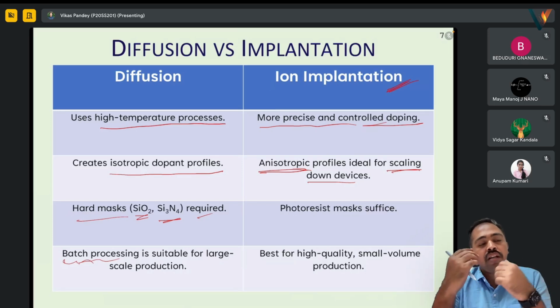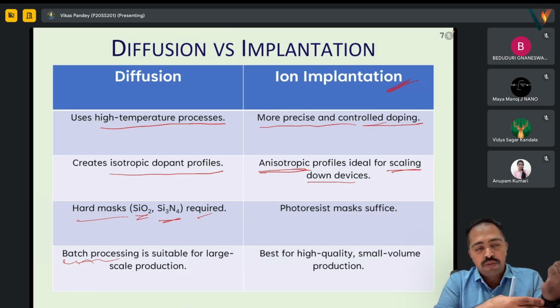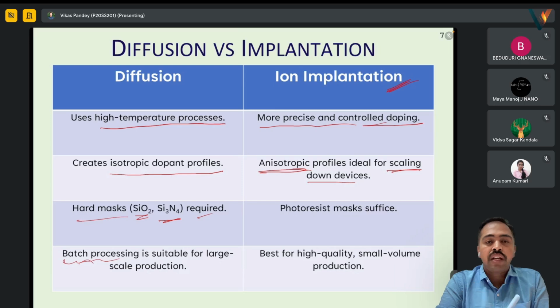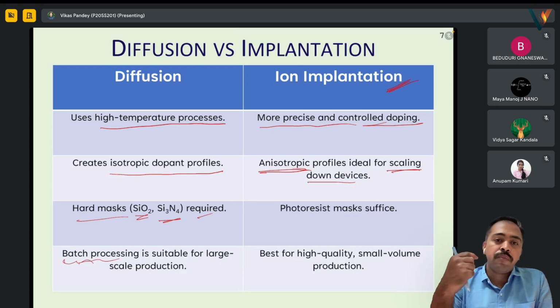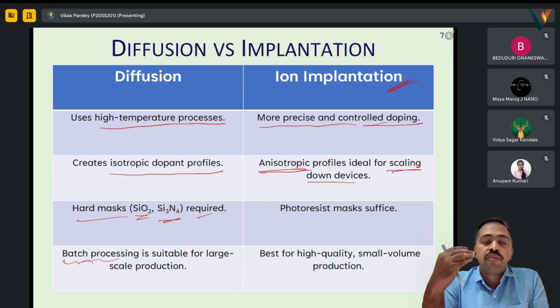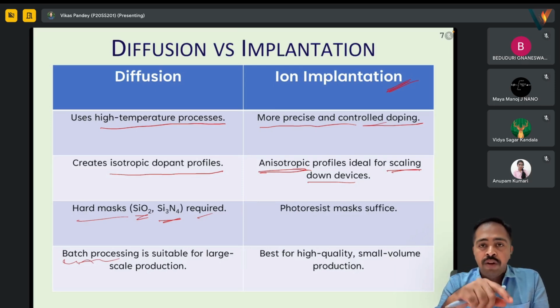Diffusion is a low cost process. In microfabrication, cost is certainly an important parameter. So if you have a cost constraint and don't have a stringent doping requirement, you can go for diffusion. Where the doping profile has to be very well maintained, you can go for ion implantation, but it will be time taking as well as high cost.